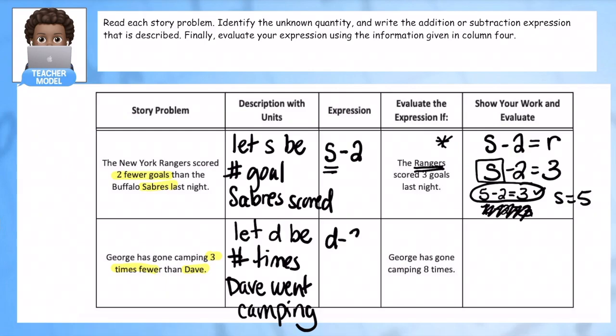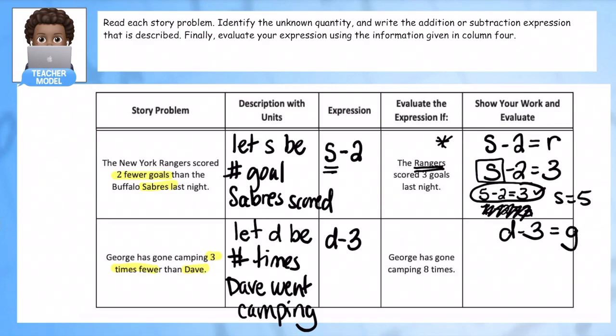So D minus 3. This will tell us how many times George has gone. George has gone camping 8 times. So if I have D minus 3, I can't put 8 in for D, because D is how much Dave has gone. But this will help us figure out George's part.